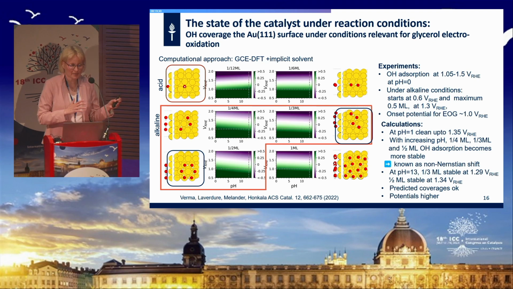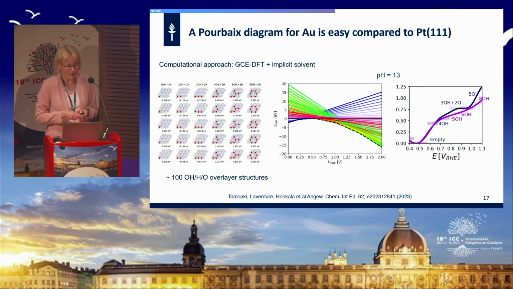So if we compare the calculated stabilities to the measured ones, we see that the predictions are kind of okay, but our calculated potentials are higher. Now you need to keep in mind that we have the normal DFT functional issues here, and that we have used an implicit solvent. So considering those facts, I think this match is rather good. Now, why is gold very simple and nice?